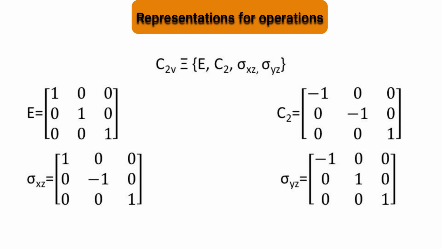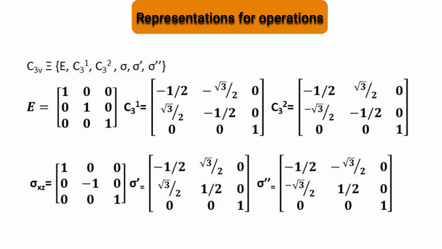Similarly, one more point group, C3V, which is a collection of 6 operations, namely identity, C31, C32, sigma xz, which I am considering as sigma, sigma dash and sigma double dash.